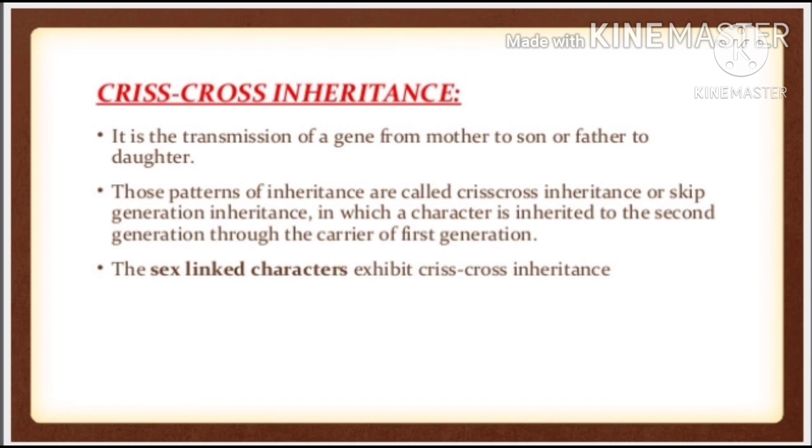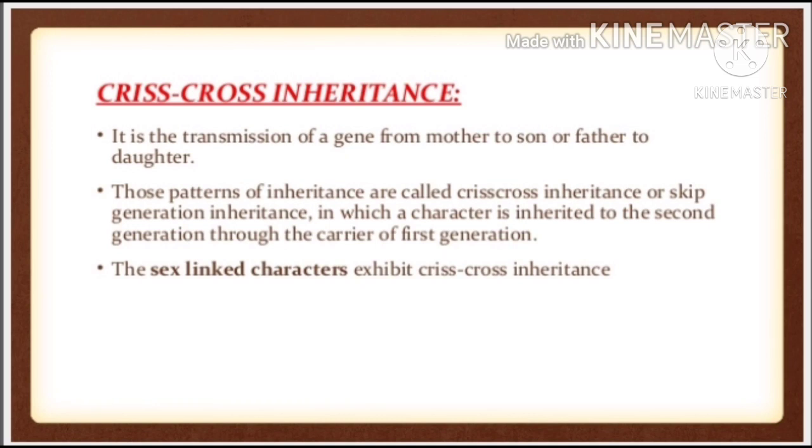Remember, carriers are those individuals having a disease causing gene, but that gene is not expressing in them. Why? In order to express a particular character, the character coding gene should be in homozygous condition. But in carrier persons, that disease causing gene is in heterozygous condition. That's why they are not expressing that particular disease.